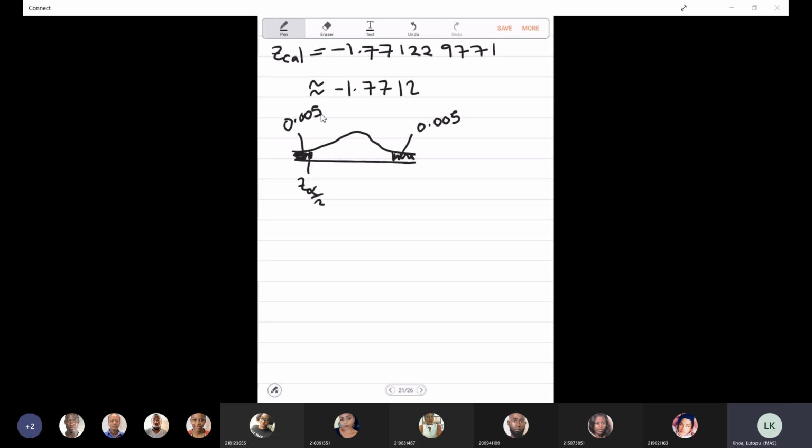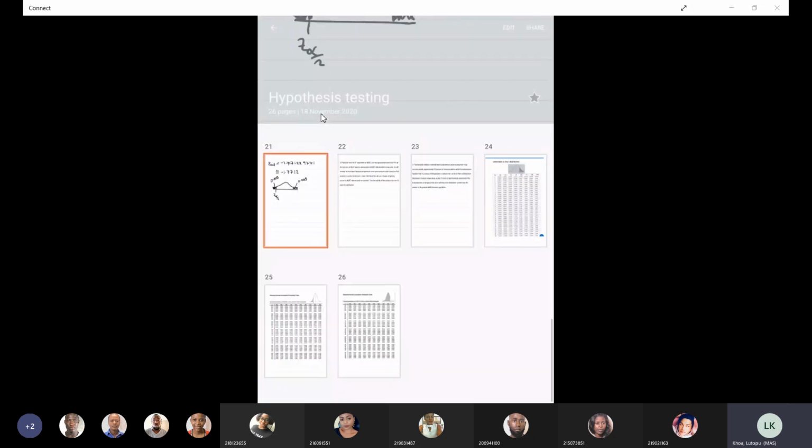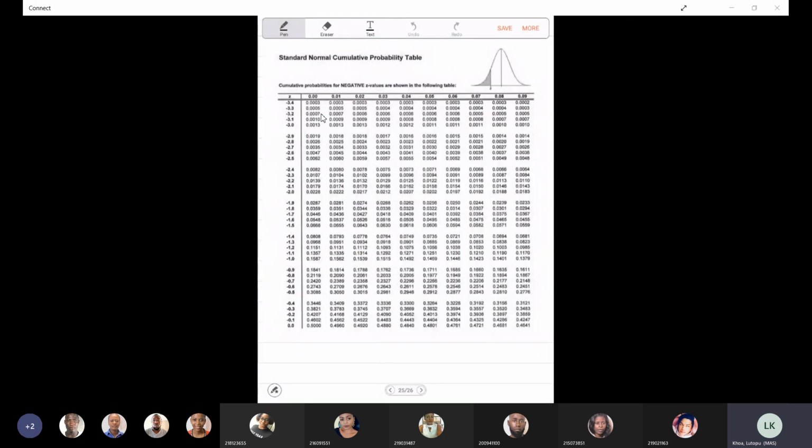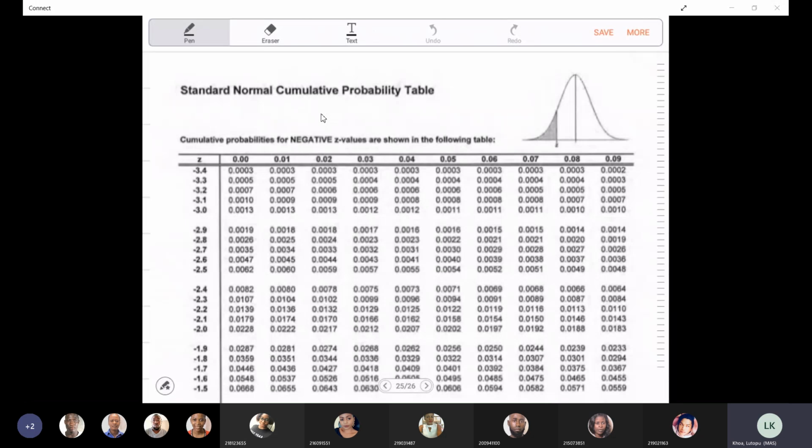To do that, I go to my normal table. I'm not sure if it's clear for you guys, but if not, you should have a copy there with you. Now, what you do is you look inside the table for the value that is closest to 0.005. Where is that?